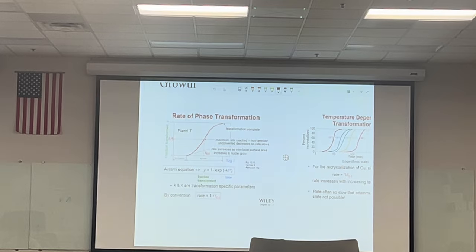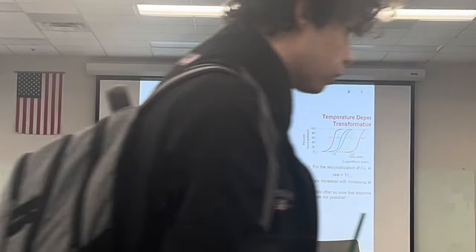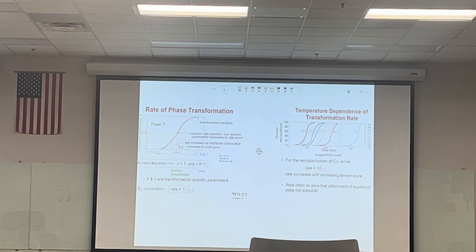There is a rate, and by convention we show the rate as 1 over the time when half of the system is transformed. And we have a very important equation here, the Avrami equation, which shows how this y, the transformed fraction, relates to the time, and k and n here are just parameters for the system.